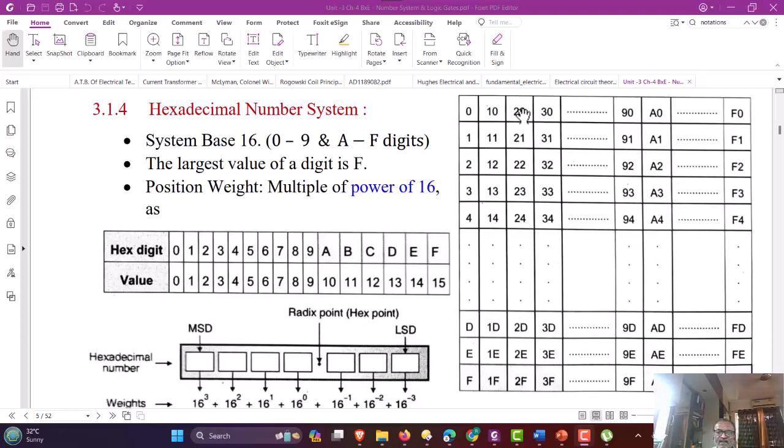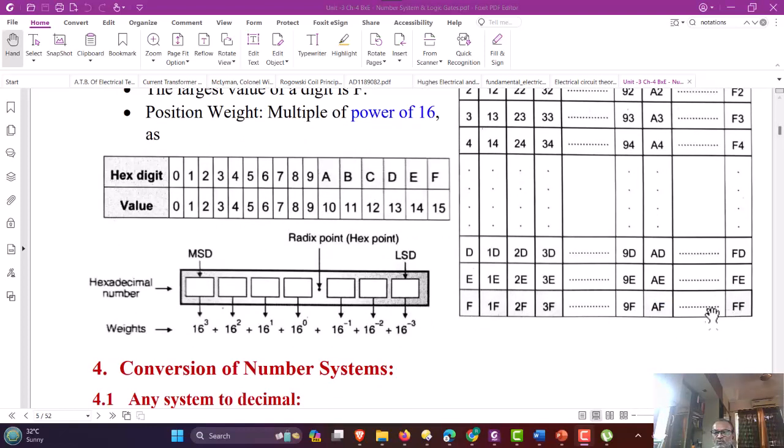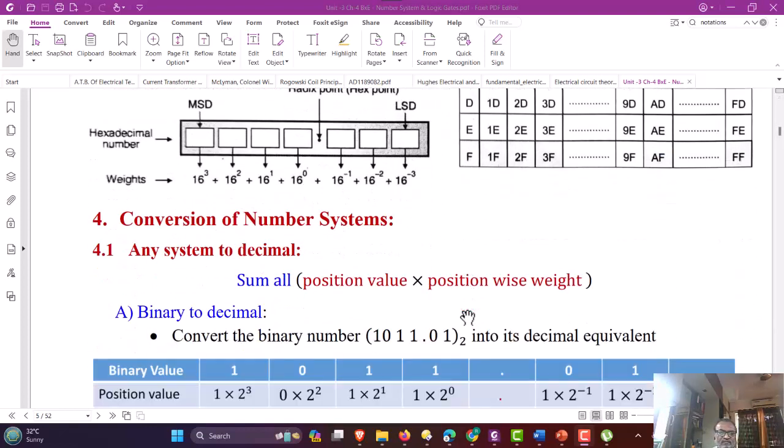And again the LS digit changes from 0 to F. The same thing is repeated in the fourth column. The MS digit will be incremented to 3 and the LS digit will be reset. The hexadecimal table continues to multiple-digit values. Here only the 2-digit hexadecimal representation is shown in the table.